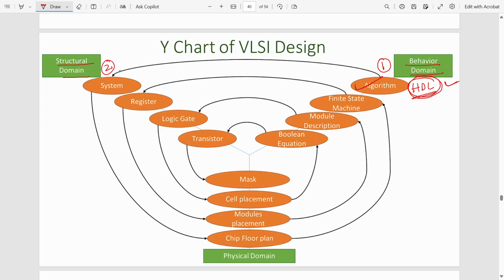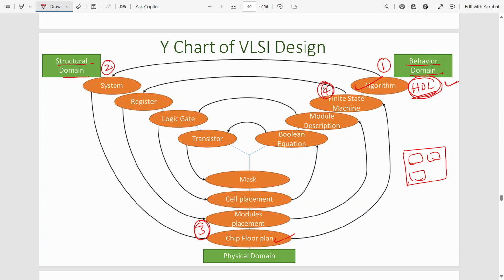After the system, in the physical domain you have floor planning, the chip floor plan. Floor planning is nothing but deciding where each module should be placed. Next, it will go to the finite state machine, FSM.